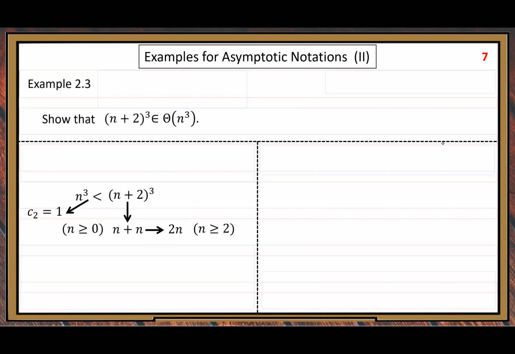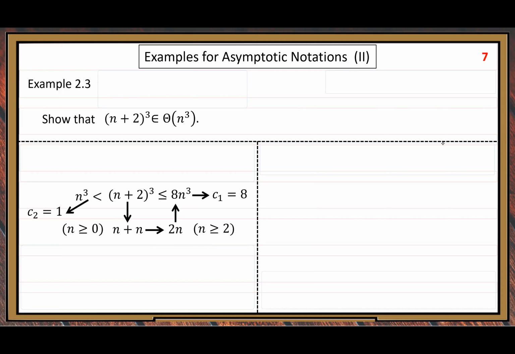After that, we raise to the cube, for n greater or equal to 2. Then we calculate 2n cubed, so we get 8n cubed. So another constant, 8. So C2 is 8.